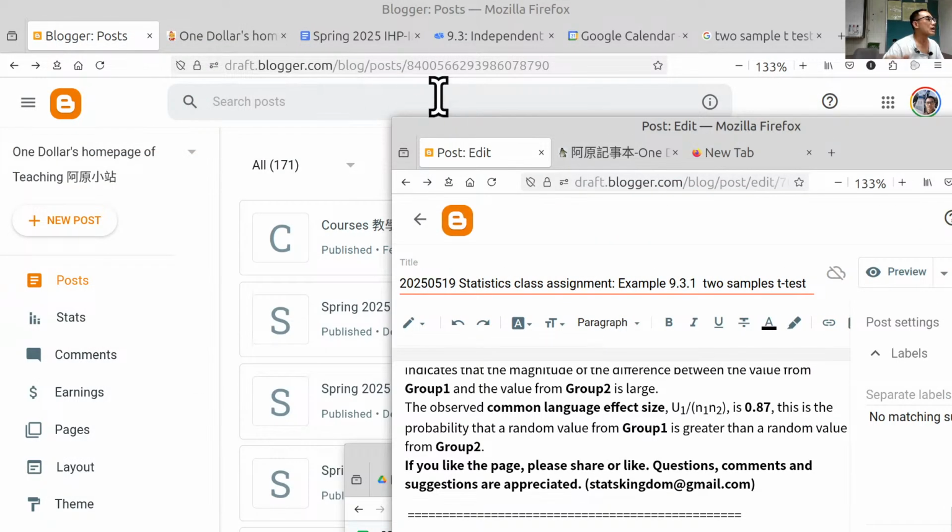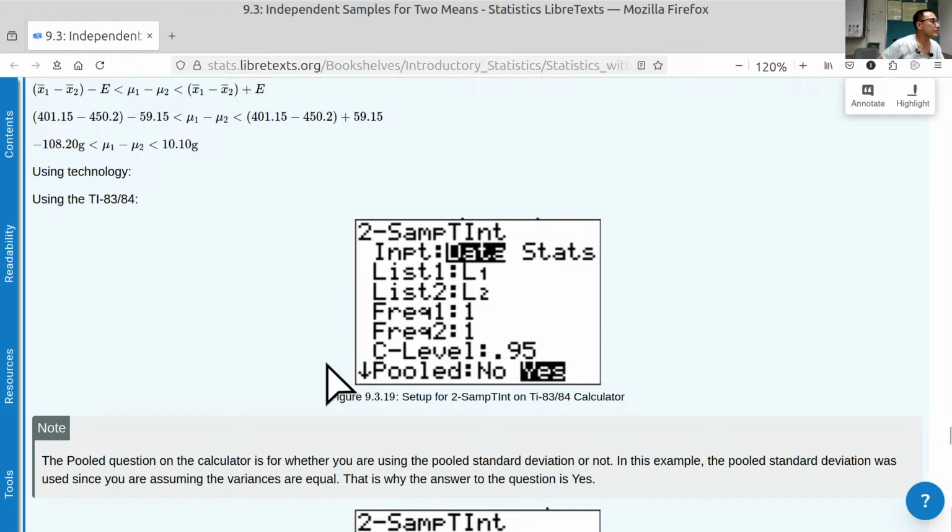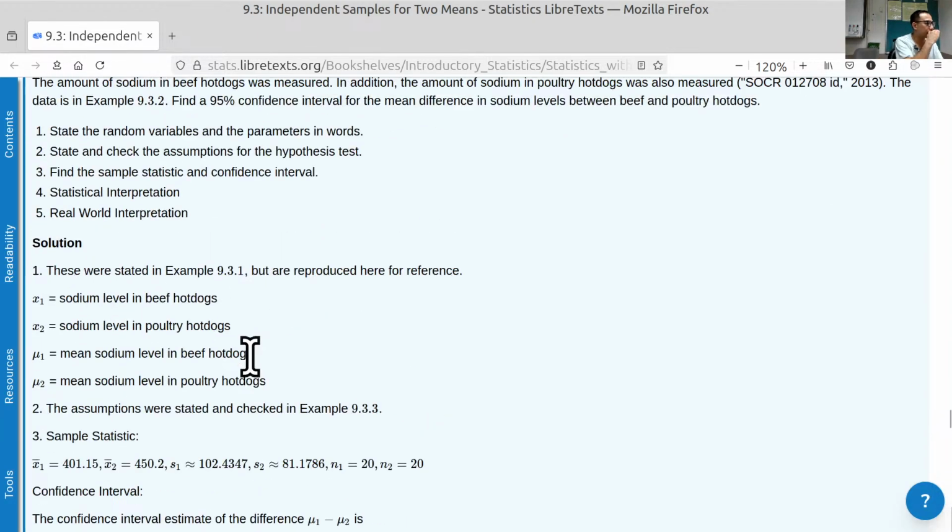Now you can check out how I copy and paste the information.